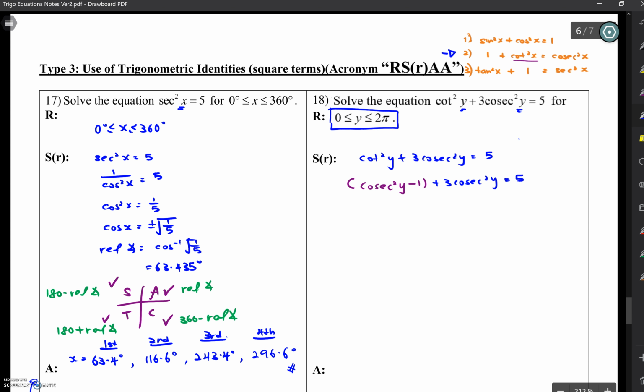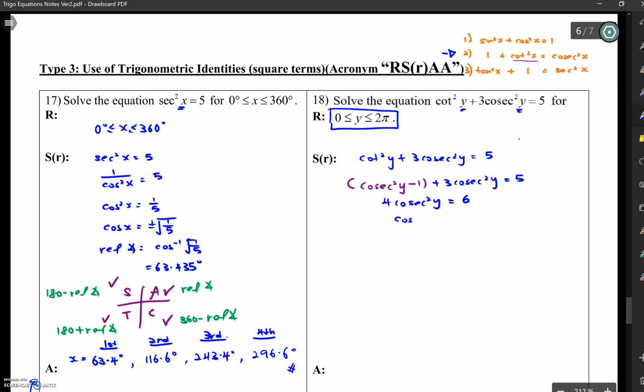Now you will see that I will only have one trigo term. So as a quick shortcut, cosecant square y plus 3 cosecant square y will be 4 cosecant square y. And if I throw the number to the outside, the minus 1, you bring it over, it will become 6.